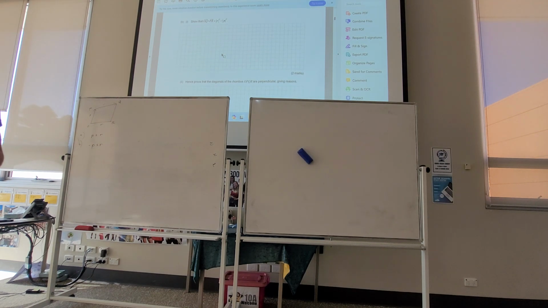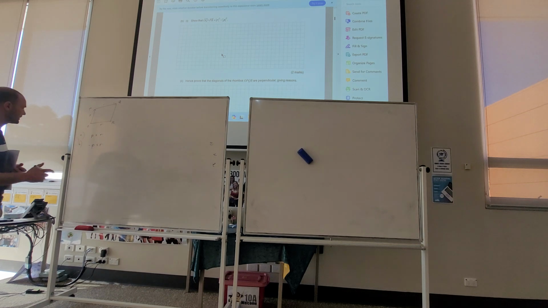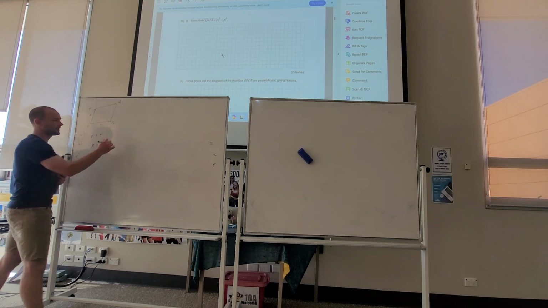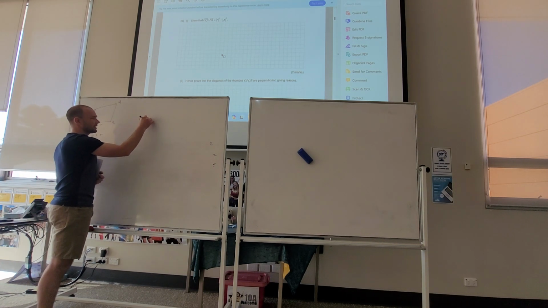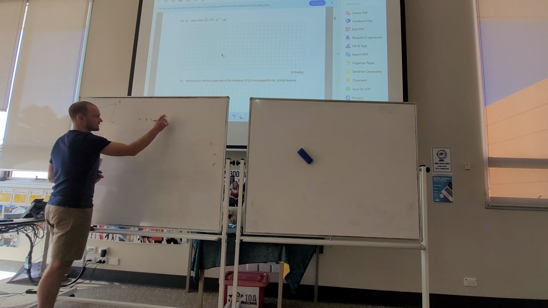And then we'll scroll down. Show that OQ dot PR equals the modulus of R squared, take the modulus of P squared. One thing we're going to be using here is the vector property that A dot A is equal to the modulus of A squared.